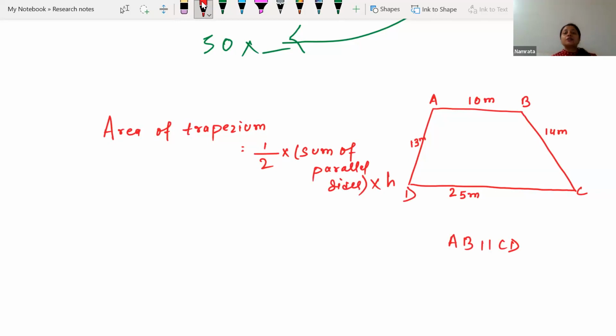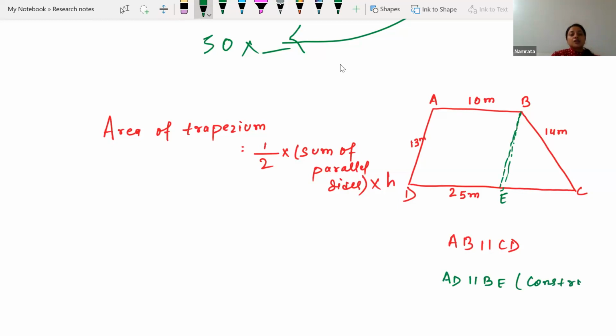But what about height? Do we know height over here? No, we don't know height over here. So how we'll be finding the height? We have to find it. So what we can do over here, we can just draw a line parallel to AD like this. I'm going to draw a line parallel to AD, let's say BE. How? By construction.